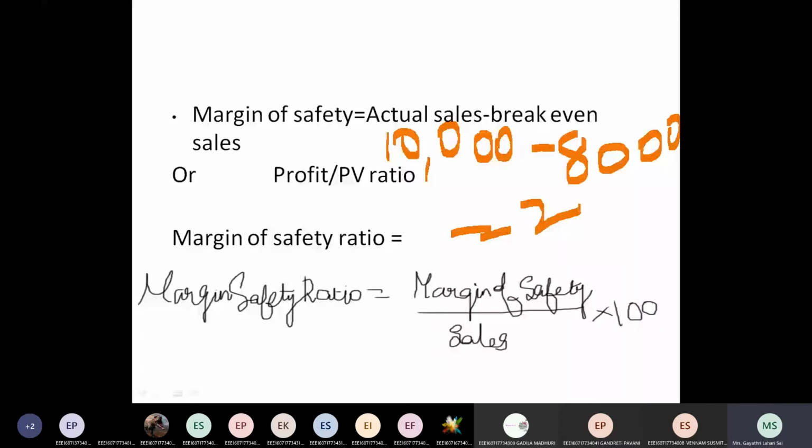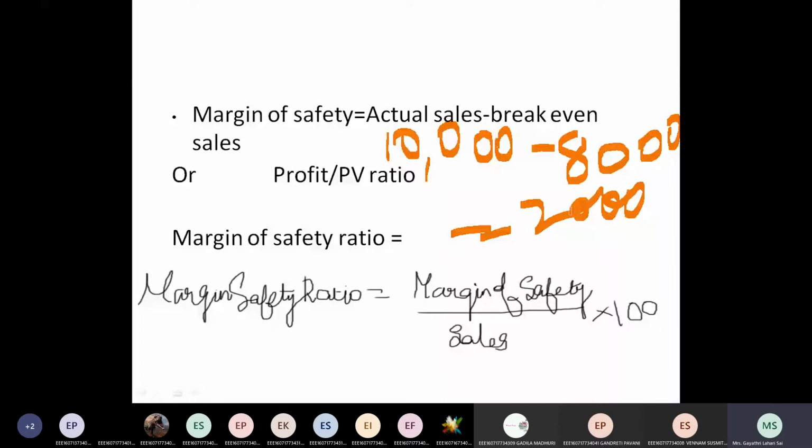Now I'm at profit. So 10,000 minus 8,000 is 2,000. So margin of safety is the actual sales you incurred minus the sales you got in the break even analysis. In the break even analysis you get the break even sales value, and if you substitute it, you will get the margin of safety.